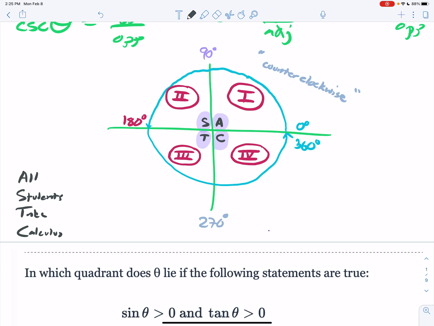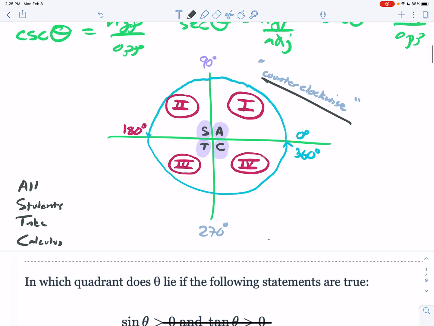Okay? Now, although that's neat, what the heck does it stand for, right? So first, it helps you order the letters, okay? Remember, you're always going in a counterclockwise motion. So all students take calculus, ASTC. Okay? Now the next step is, what the heck does that mean? Okay?